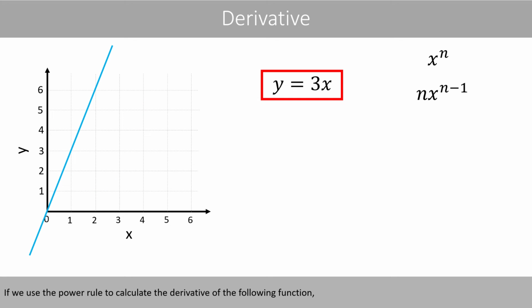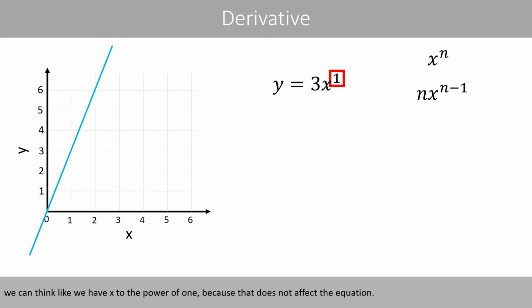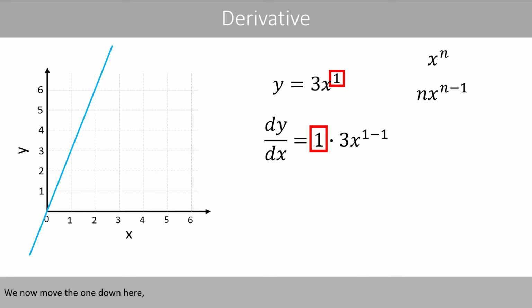If you use the power rule to calculate the derivative of the following function, we can think like we have x to the power 1, because that does not affect the equation. We now move the 1 down here and reduce the exponent by 1. We can then simplify. Note that something to the power 0 is equal to 1.